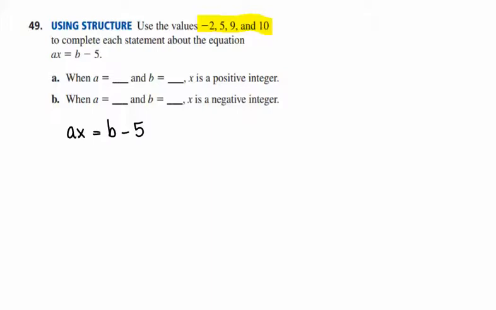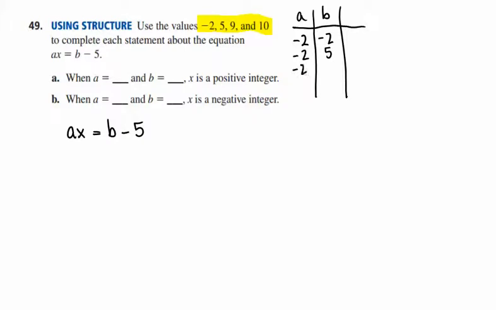So for example, I'll just make a list of them over here. If we had values for a and values for b and then values for x. So for example, if a were to be -2, well, b could be -2 as well. A could be -2 and b could be 5.